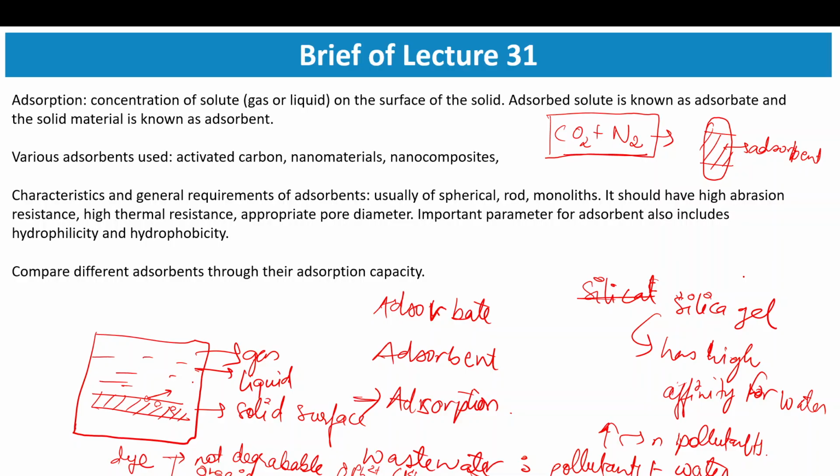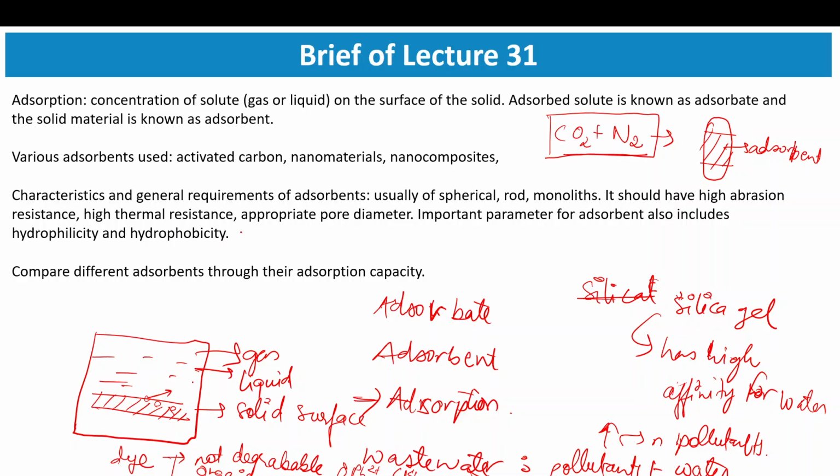Then, as we mentioned, adsorbents usually have different properties. They could be of different size and shape, and the size and shape define the surface area, hence their efficiency. Further, depending on their chemical structure, they can have varying thermal resistance and chemical resistance.